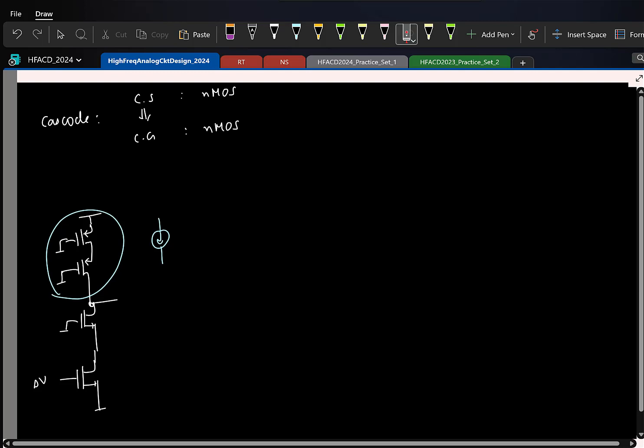Now just like you can realize a common gate with an NMOS, we can also implement common gate with PMOS. So that will give another combination where you can have this to be NMOS and this to be PMOS. That's also fine. And again, you can have other 2 combinations also, wherein this could be PMOS and this could be NMOS, and both PMOS.